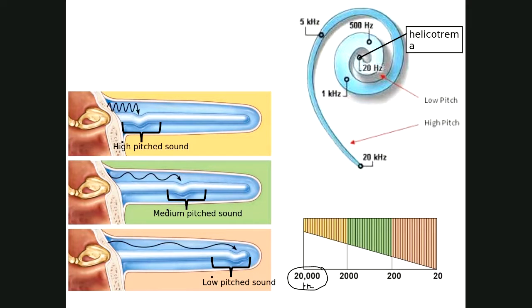About the lowest a human can hear is 20 hertz. Well, let me ask you a question. Do you think that there are sounds that are higher than 20,000 hertz? Are there any sounds that are higher? Yeah, there are, but can you hear them?